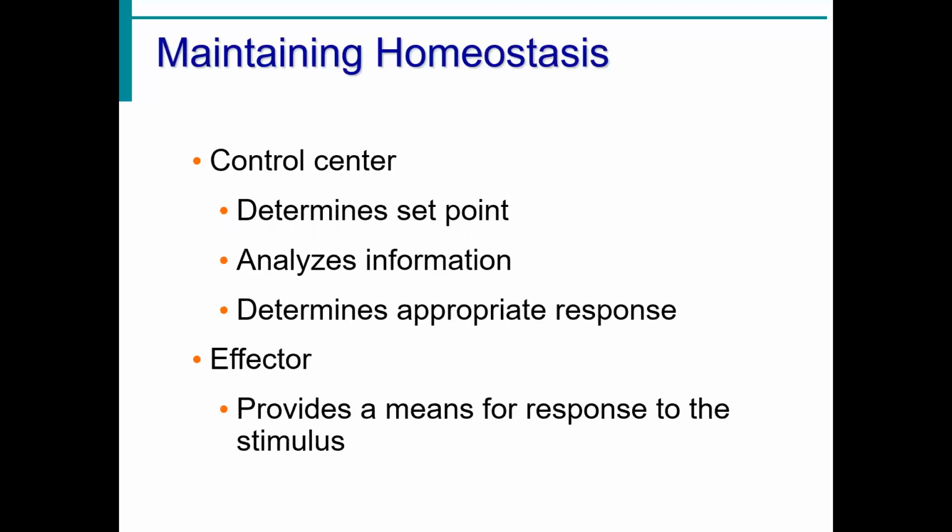The control center is going to be responsible for determining a set point, analyzing what's happening, and determining what's going to be our appropriate response to what's going on in our environment. Okay, so we've got this control center, and then we've got this effector, right, which is going to provide a means for responding to our stimulus. Right, so our bodies are quite smart. Okay, these are things that our bodies are doing naturally every day, working quite hard, quite diligently to maintain this balanced equilibrium.